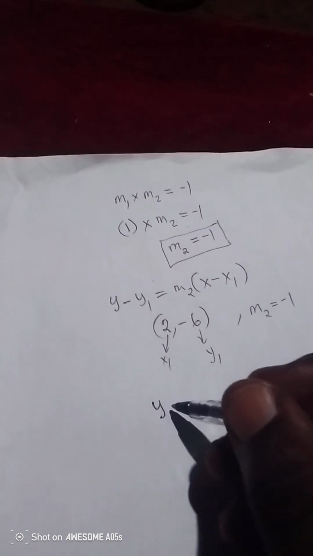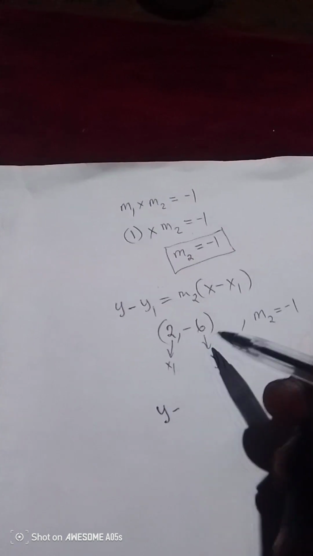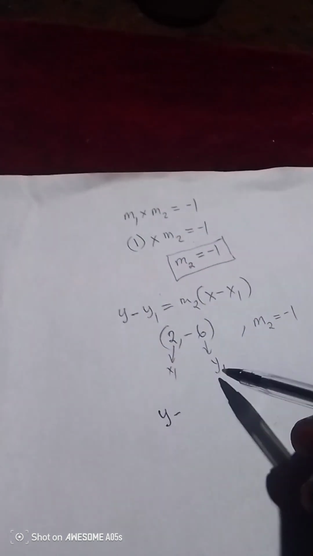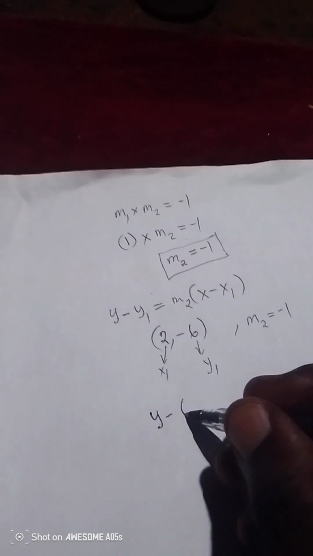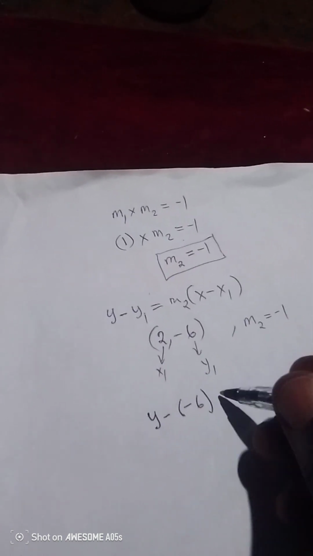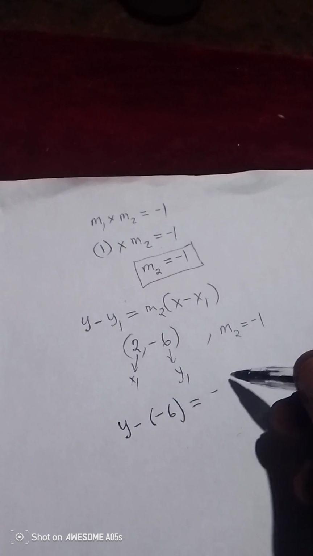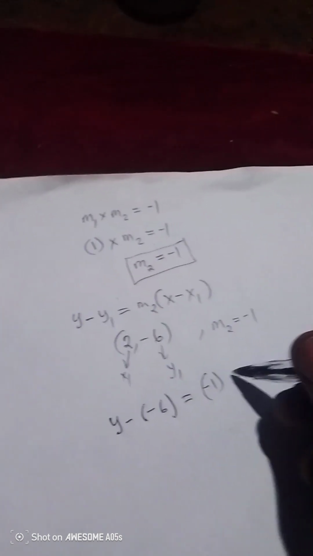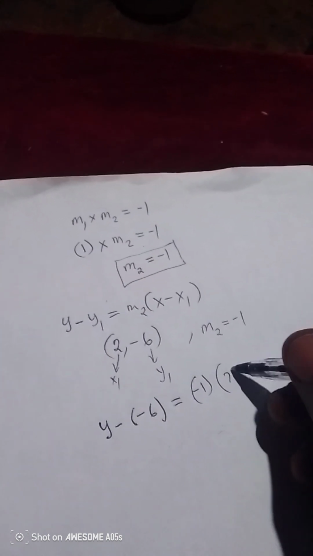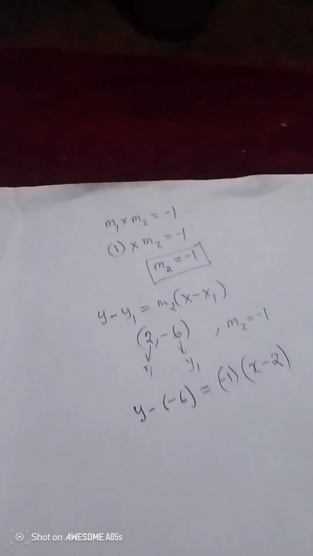We're going to say y minus the value for y1, which is negative 6. So I'll put a bracket and then put negative 6 inside. Then equals m2, which is negative 1. I'll just say negative 1 like that in the bracket. Then we have x minus x1, which is 2. So I'll put a 2 there.